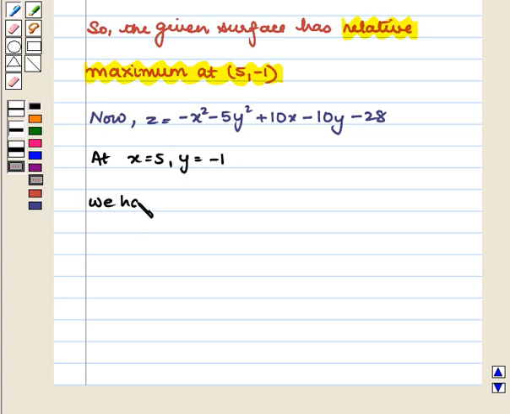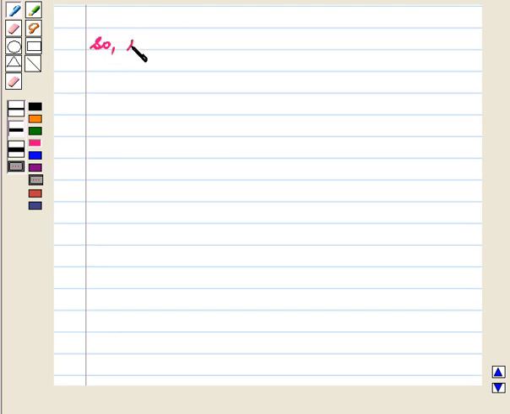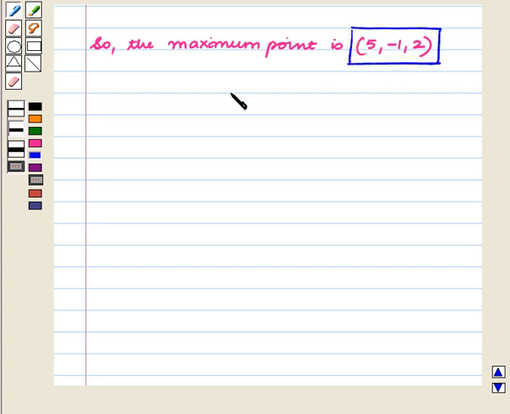We have z is equal to minus 25 minus 5 plus 50 plus 10 minus 28 equal to 2. So, the relative maximum point is (5, minus 1, 2). This is the required answer. This completes our session. Hope you enjoyed the session.